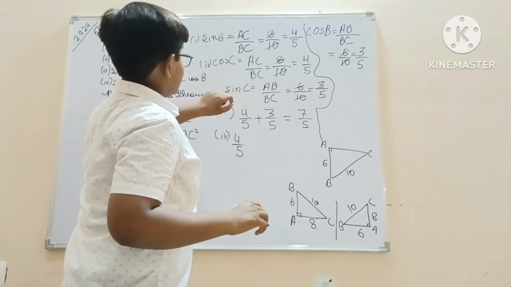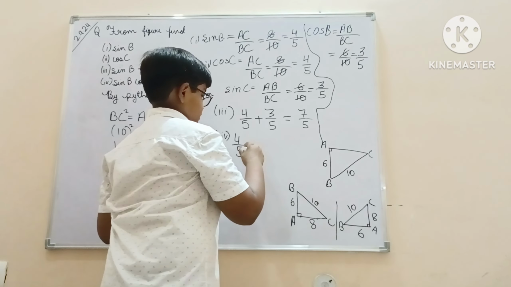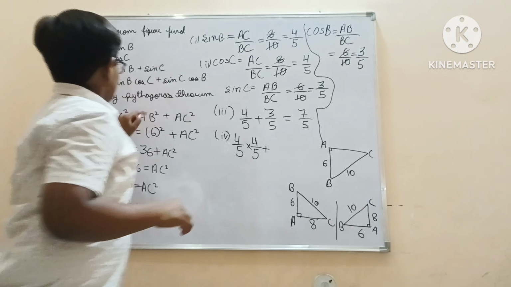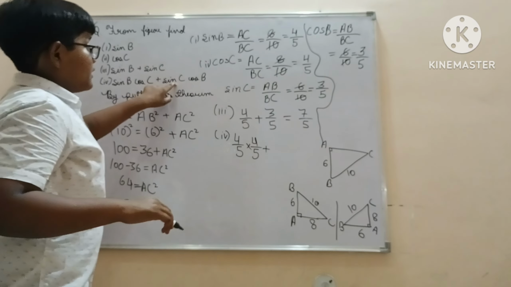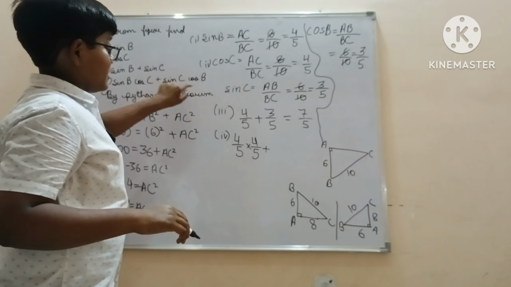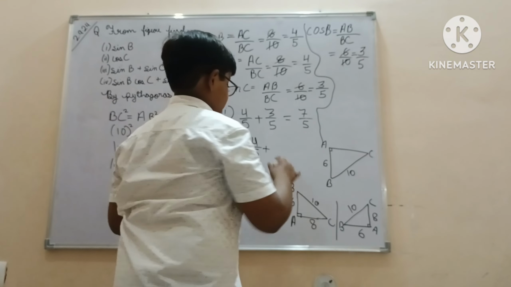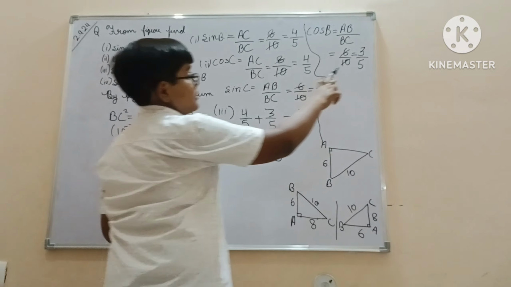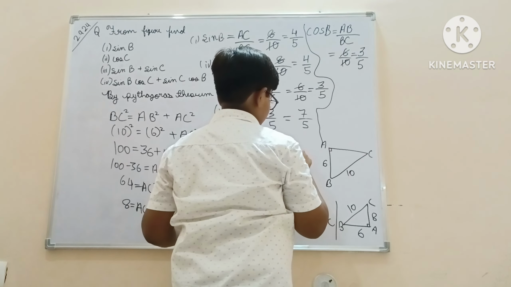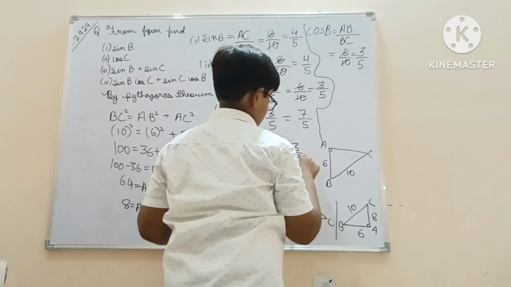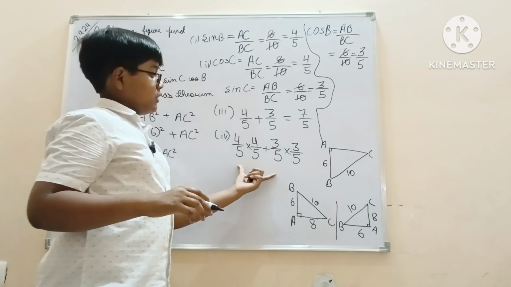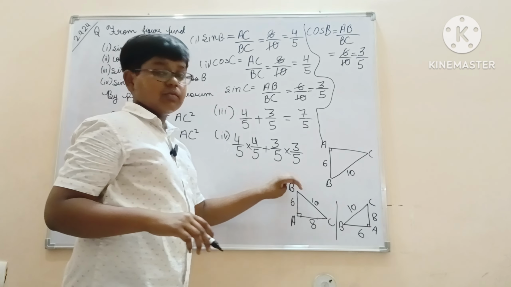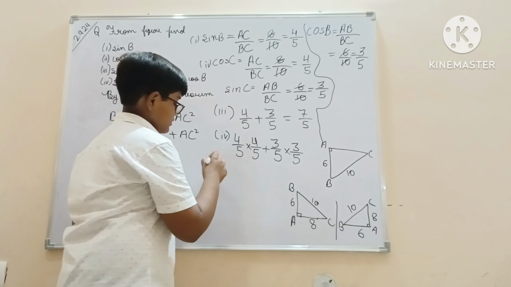So the value of cos c is 4 divided by 5, which will be multiplied, plus there is a plus between, and this trigonometrical ratio is sin c, which is 3 divided by 5, and the other is cos b, which we have found is 3 divided by 5. Now we have found the values of the trigonometrical ratios and we have reached this equation. Now we will solve this.